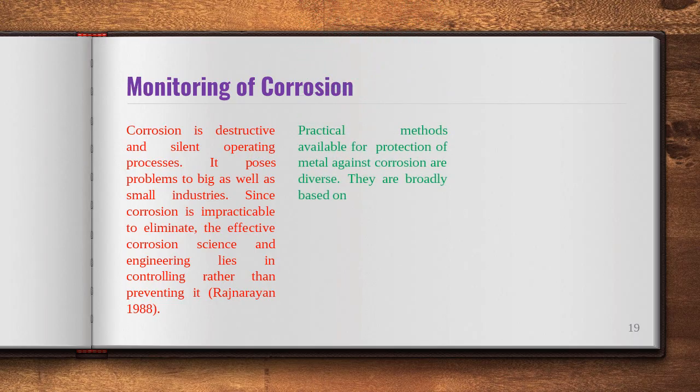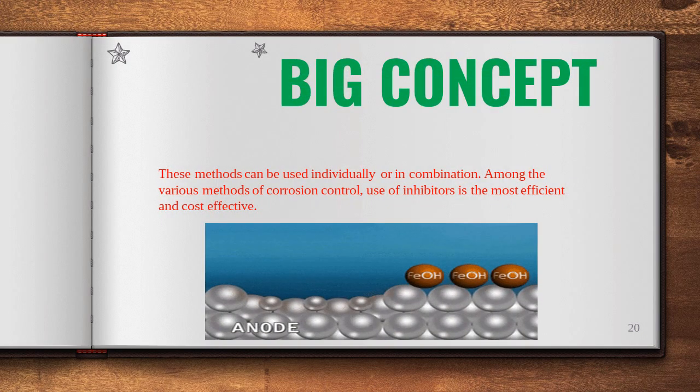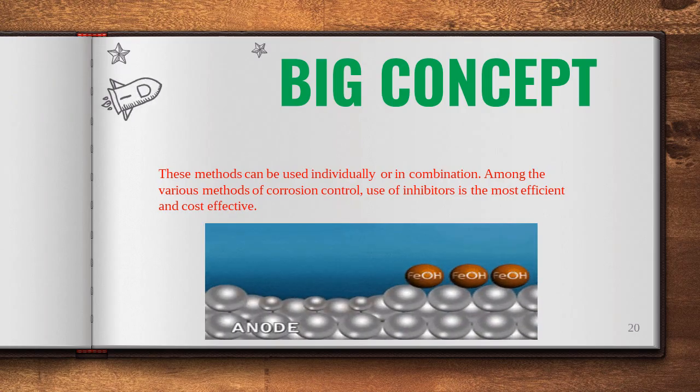Practical methods available for protection of metal against corrosion are diverse and they are broadly based on the selection of material, modification of metals, modification of design, use of inhibitors, modification of corrosive environment, modification of surface, etc. These methods can be used individually or in combination.